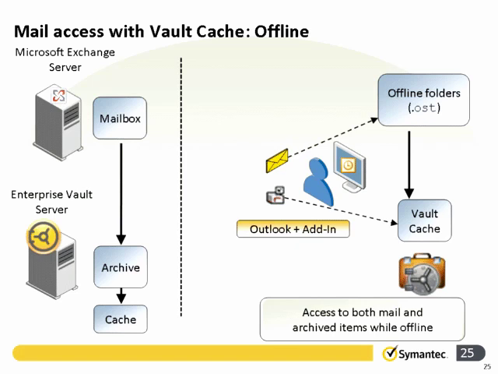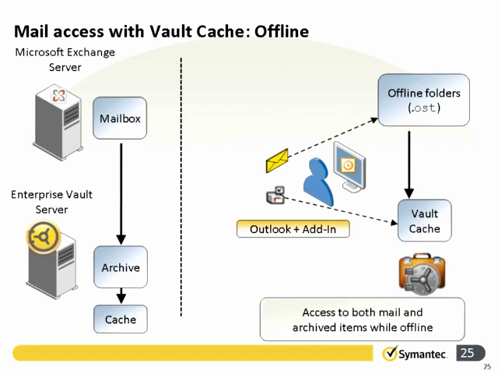Vault Cache is not necessarily a complete copy of what was in your archive. So therefore, if something isn't in the Vault Cache, you may not be able to retrieve that item when you are offline. And that particular item will be added to a download list. And we'll look at how the download list comes into play a little bit later in this particular lesson.